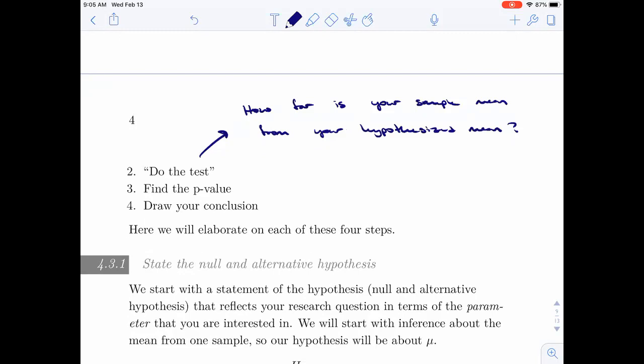Then in 5.1 we calculate a t, but it looks about the same. In 5.2 we calculate another t, and in 5.3 we calculate another t. These all behave the same way. In the grand scheme of things, we just want to see how far our sample information is from our hypothesized information.